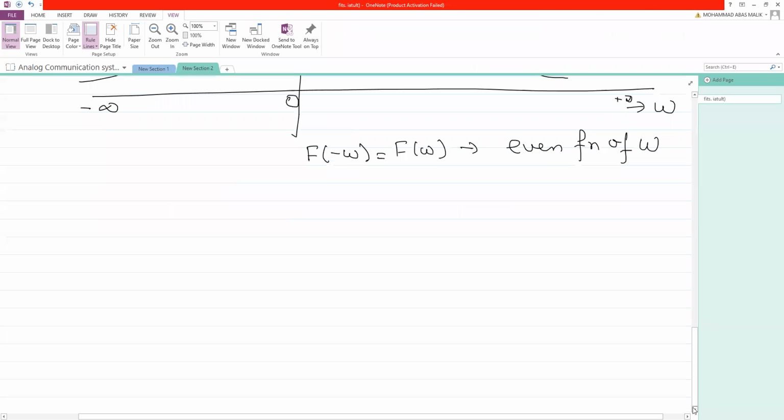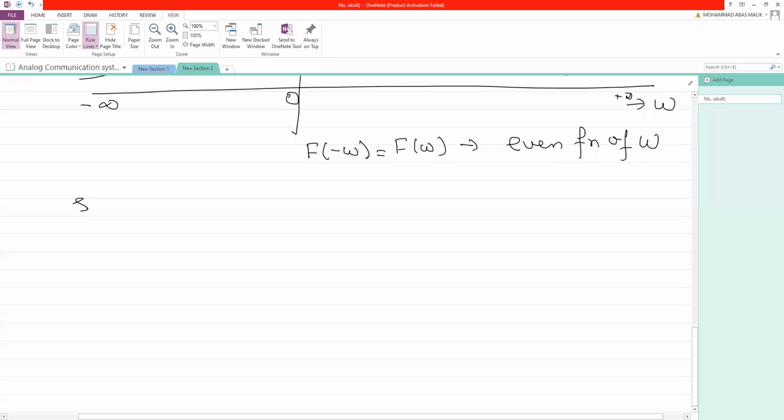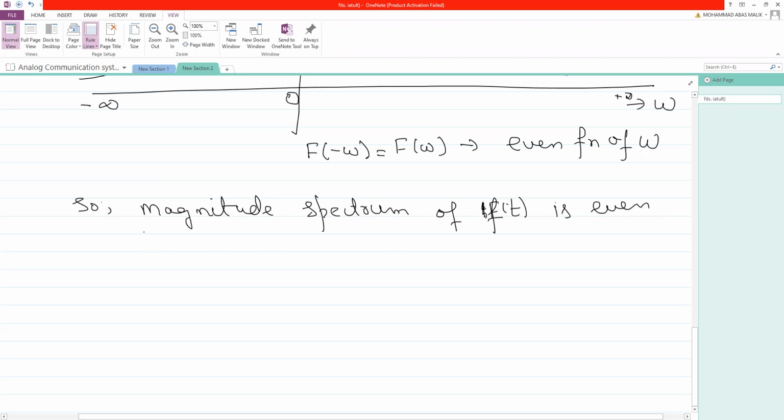So I can conclude that the magnitude spectrum of this simple f of t signal is an even function of omega.